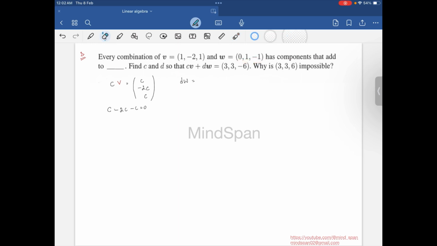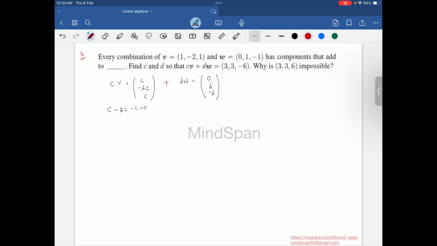In this case also, d times w, that will be 0, d and minus d, right? So every combination of v and w has components that add to 0.